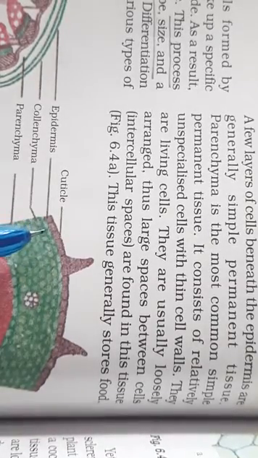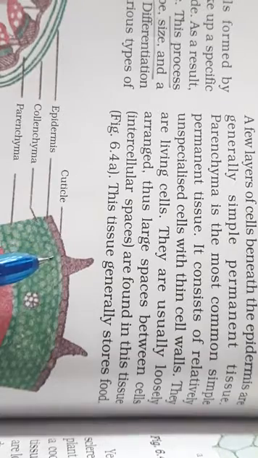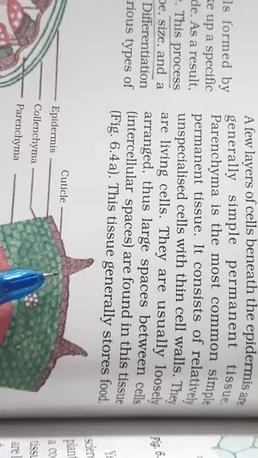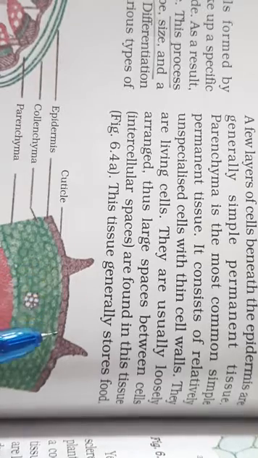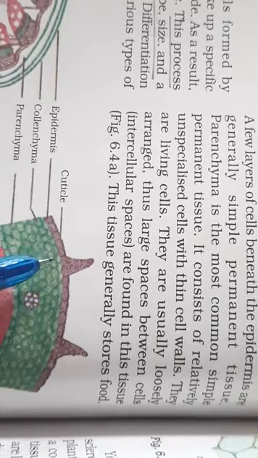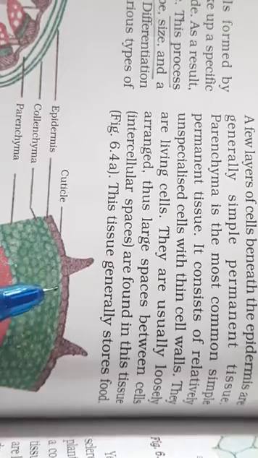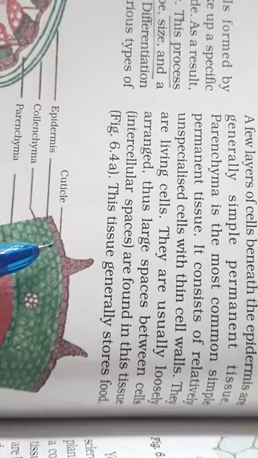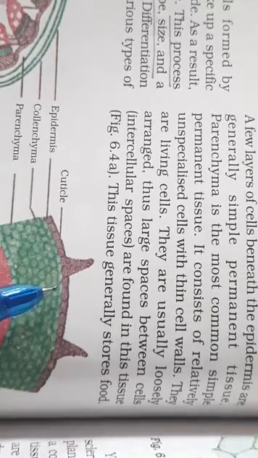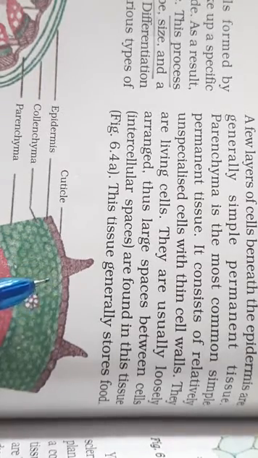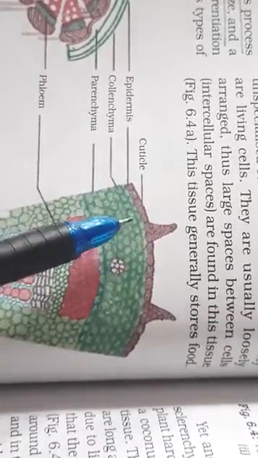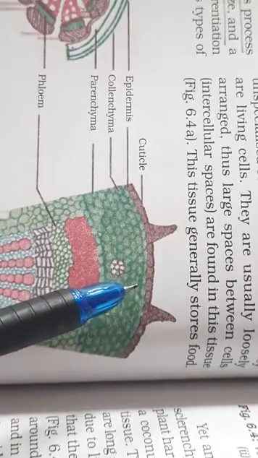The outermost layer of a plant is the epidermis. The epidermis acts as a protective layer because it is the outermost layer. Beneath this epidermis you will find the simple permanent tissues.